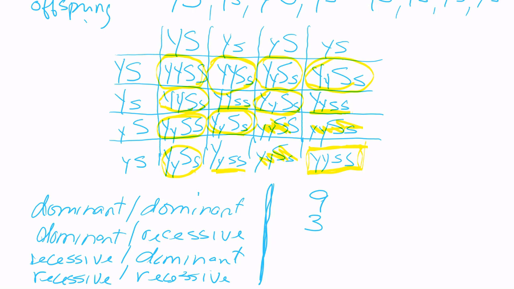We end up with 1, 2, and 3 that are recessive dominant, and we end up with 1 that is recessive recessive. And there's our dihybrid ratio. It's 9, 3, 3, 1. So 9 dominant dominant, 3 dominant recessive, 3 recessive dominant, and 1 recessive recessive, and that's what comes from a dihybrid cross.